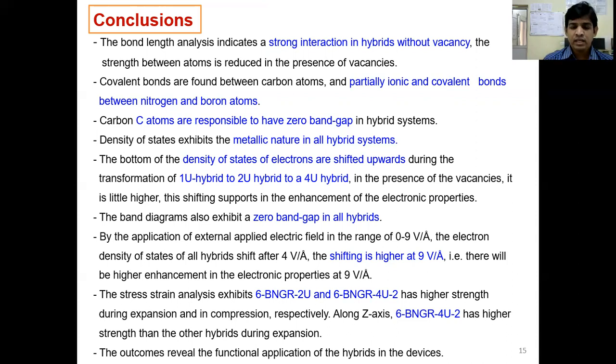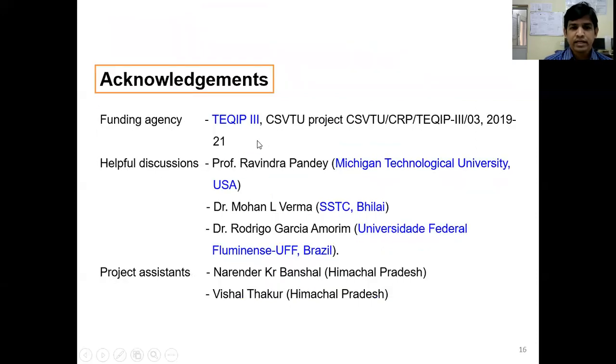So the response time will be higher, and the electronic properties will be enhanced by the application of electric field and strain. Because of these outcomes, these devices or hybrids can be utilized in device applications also.